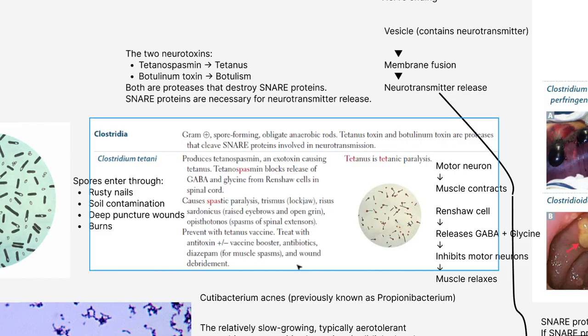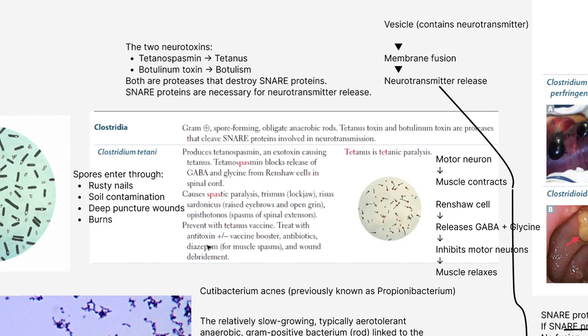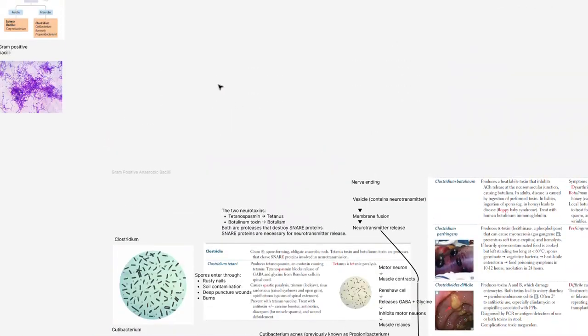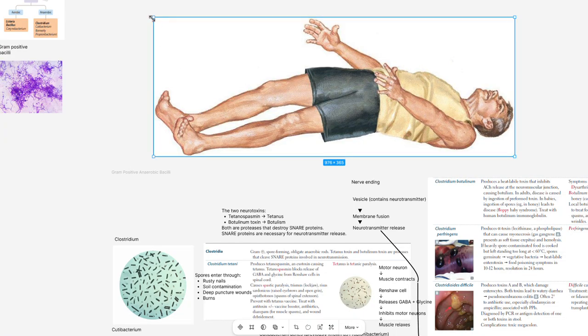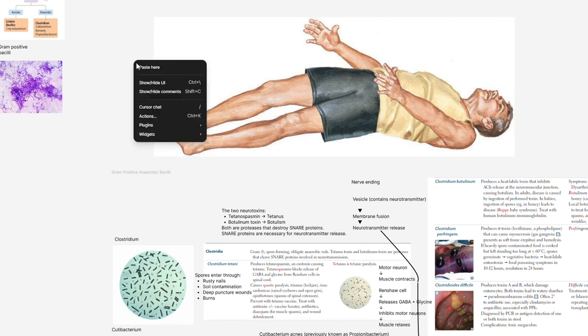And then opisthotonus is basically the body bending backwards like a bow. That's because of severe contraction of the back extensors. So the body bends backwards. I'll show it to you here. So this is opisthotonus, right? The body bends backwards like this weird bow posture.